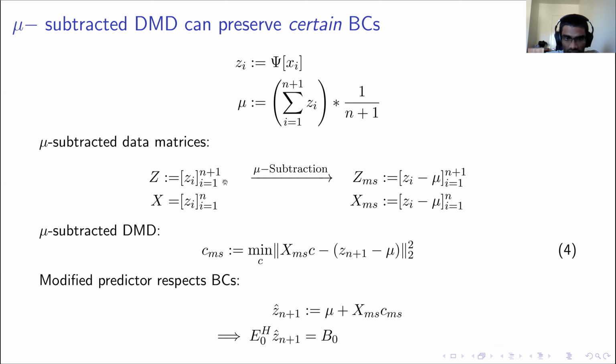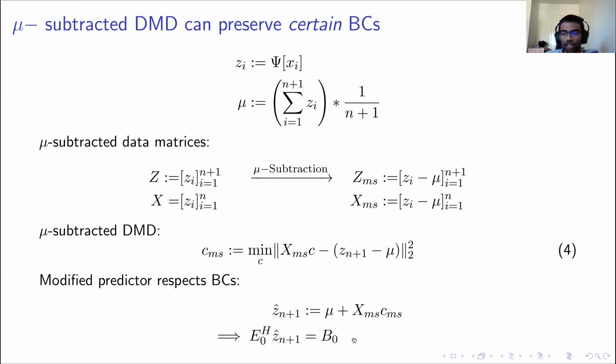And these are your original data matrices. Then subtracting the mean gives you the mean subtracted matrices. And mean subtracted DMD is just doing companion DMD on these matrices. So you can show that if you build a predictor like this using the mean subtracted C, then that prediction will satisfy boundary conditions of a specific type.